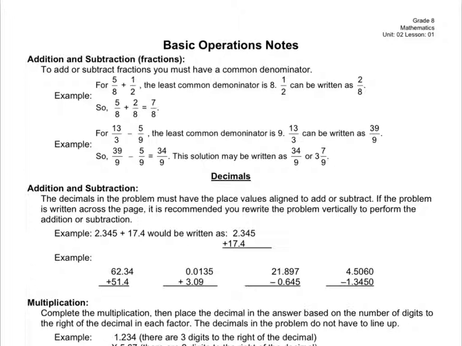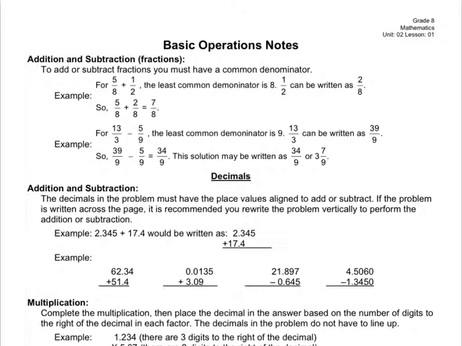Okay, now when we add and subtract fractions, unlike multiplication and division, you must have the same or a common denominator. So in order to do this, for instance, like 5/8 plus 1/2, you have to find a least common denominator. And of course, we know factors of 2 are 2, 4, 8, and then of course 8 is 8.